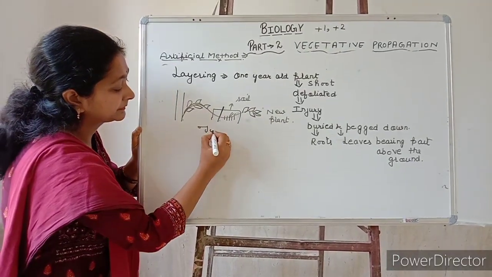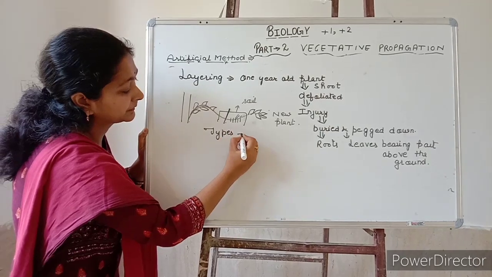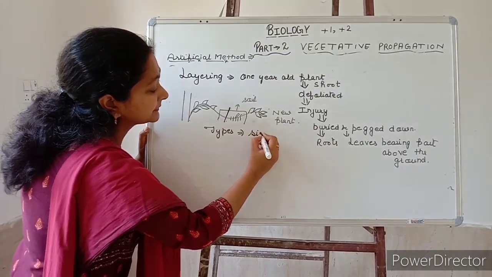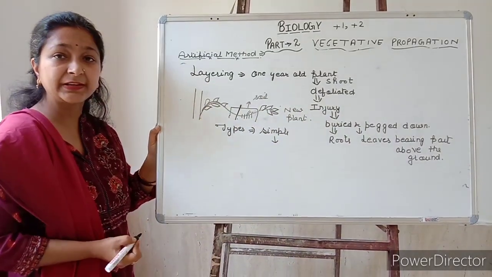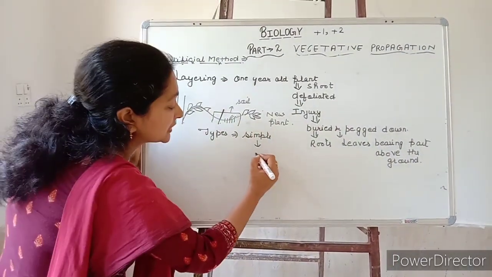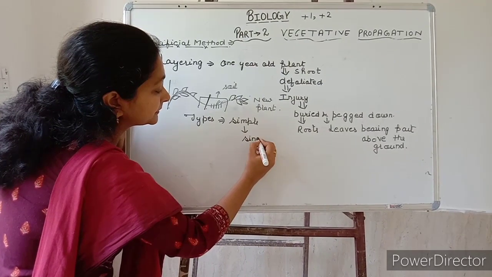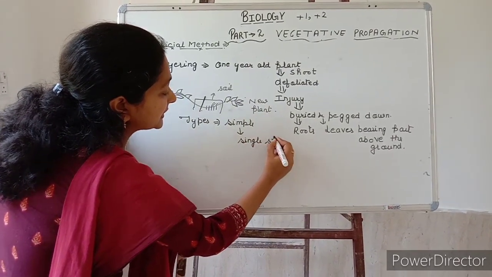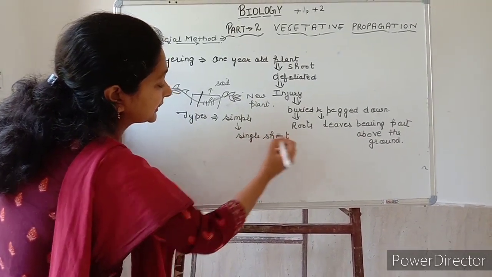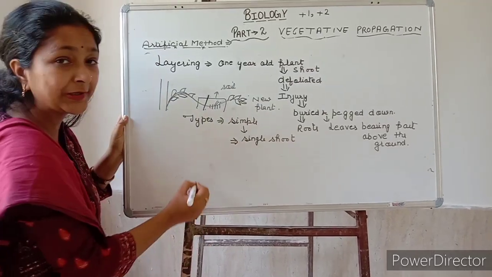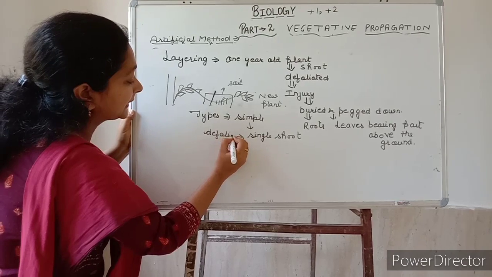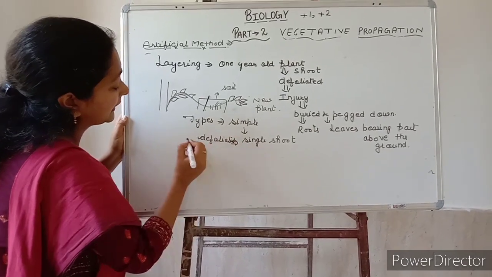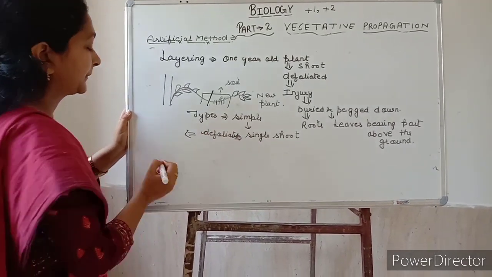Types. Simple layering. In case of simple layering, a single shoot is used, defoliated, and buried in soil.